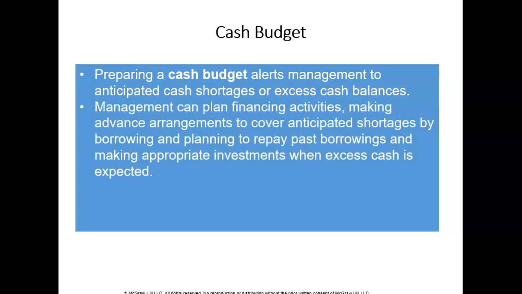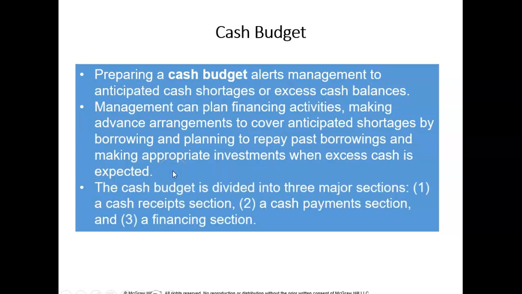It's going to show all of our cash inflows each month and all of our cash outflows each month based upon our estimated budgets. It will show if there will be a shortage, a deficiency of cash, and a need to borrow money, or if we have excess cash, those funds can be used for the appropriate investment.